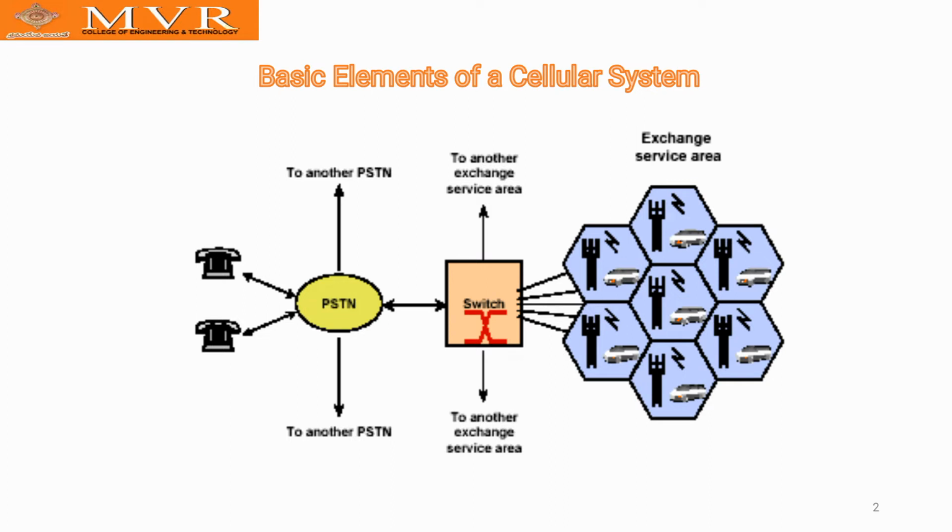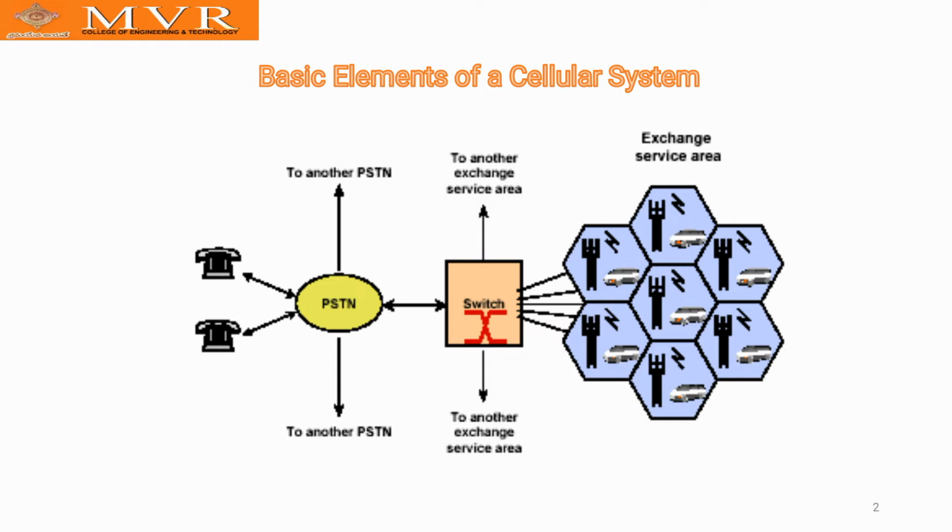The switch will be used to exchange the service area. Whatever data, information or communication is exchanged goes through the switching terminal. If the switch is enabled, then it will be exchanged. If the switch is disabled, then the exchange will not happen.